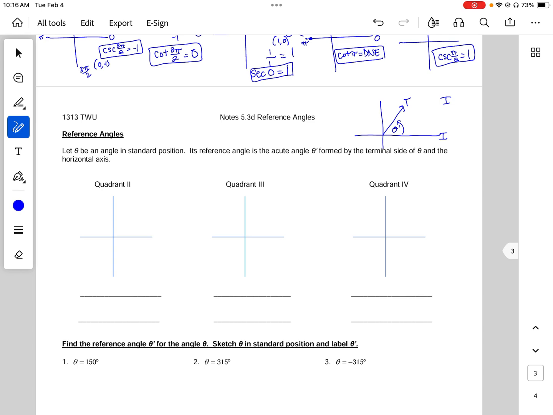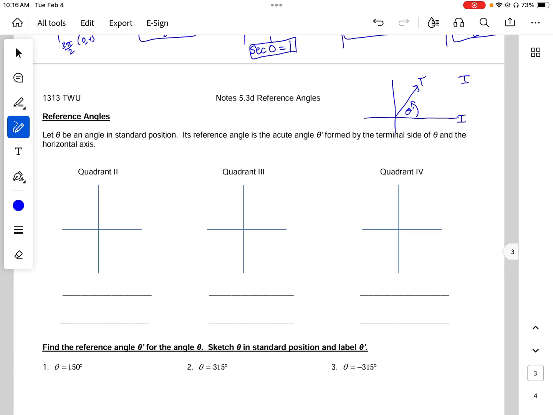All right, so let's look at just theta versus theta prime. What we found out in our last sections is sine of theta is the same thing as sine of theta prime. We're going to dig a little bit more into our angles so that we can determine reference angles.